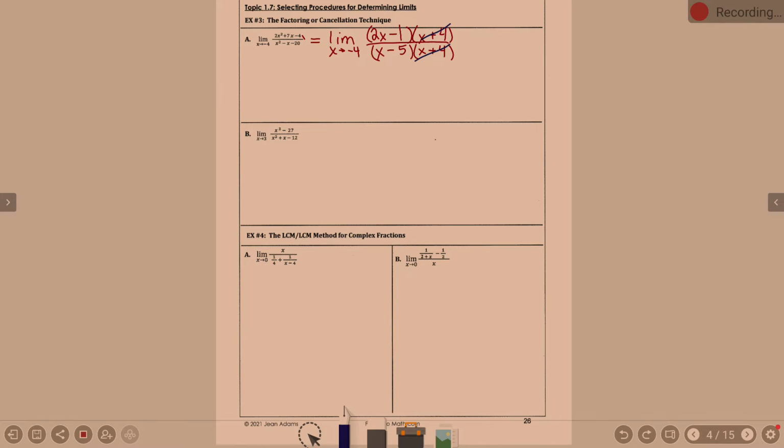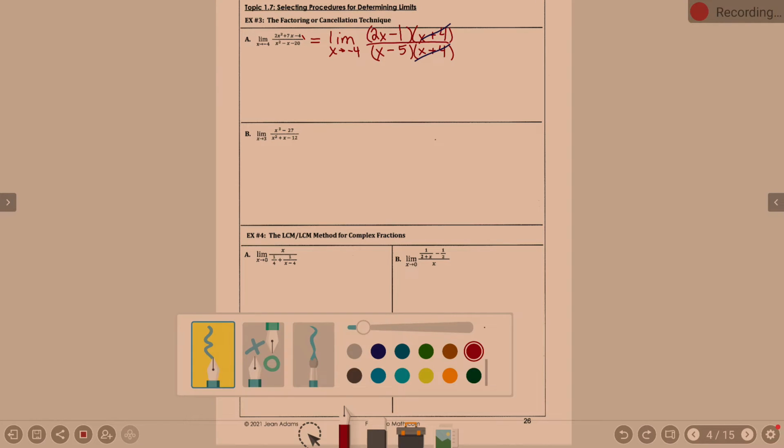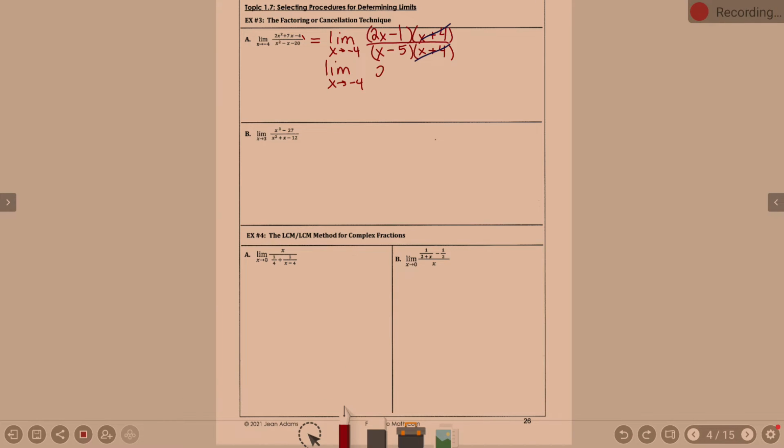So, now we are officially doing the limit as x approaches -4 of 2x minus 1 over x minus 5. Can we plug the value in now and try again?